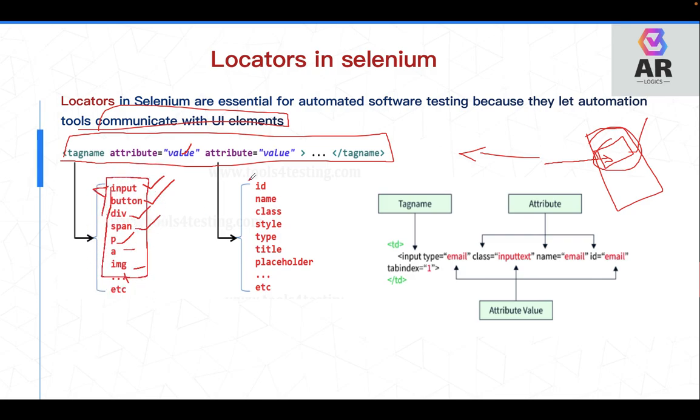Attribute values can be ID, name, CSS, class name, style, type, title, placeholder; anything can be present there.